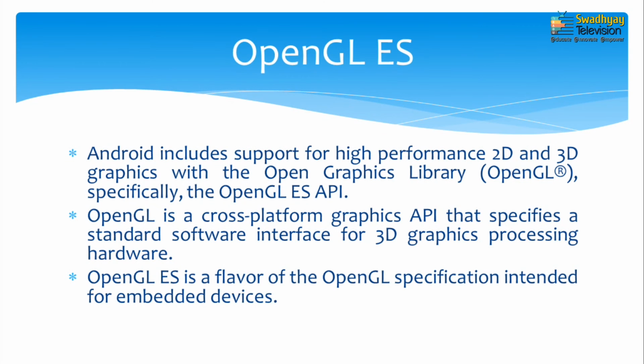OpenGL ES stands for Open Graphics Library for Embedded Systems, and Android includes support for high performance 2D and 3D graphics with the OpenGL library, and specifically the OpenGL ES API.